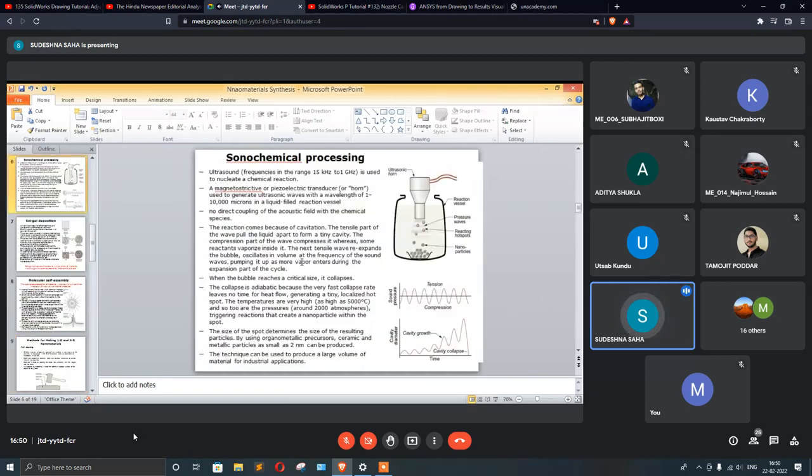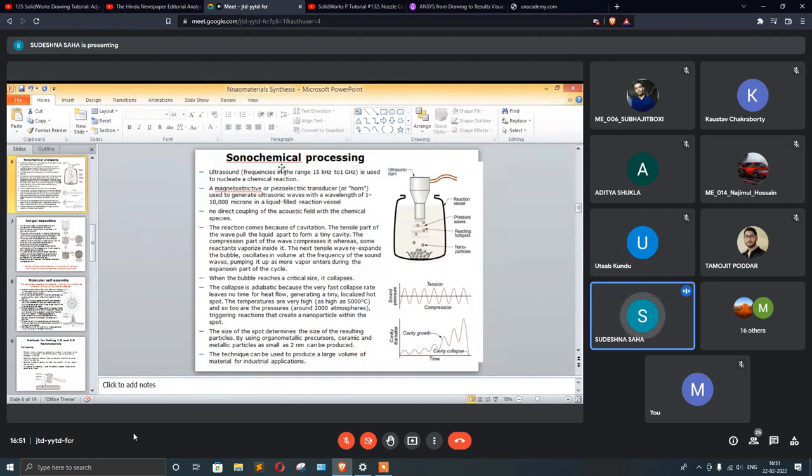Okay, now the next process, which a couple of you have already used, if some of you are doing a project on nanomaterial preparation or application of nanomaterials. This is the sonochemical process where ultrasound is employed.